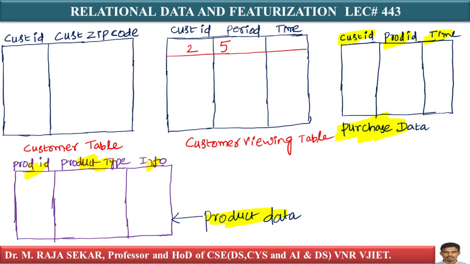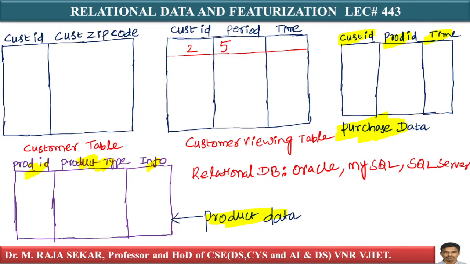Typical relational databases are Oracle, MySQL, and SQL Server. These are all very popular databases in which data is stored in tables, and there are relations between them. Suppose you want to combine the customer table and the customer viewing table.